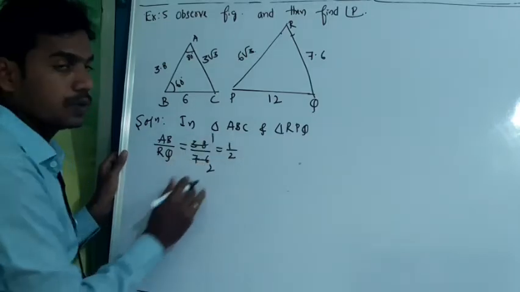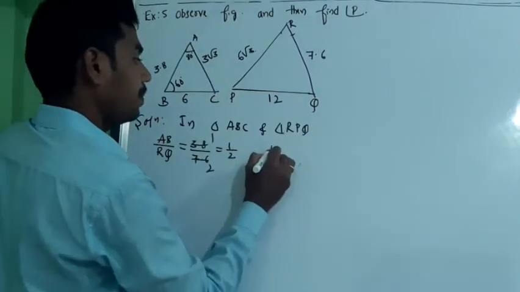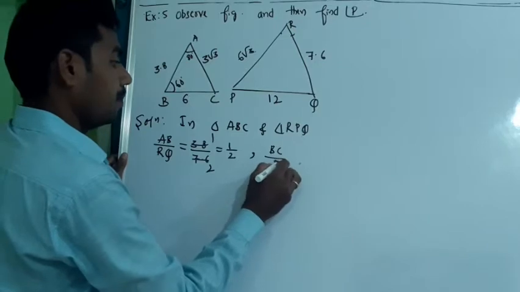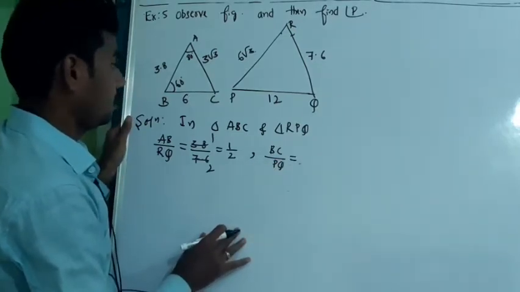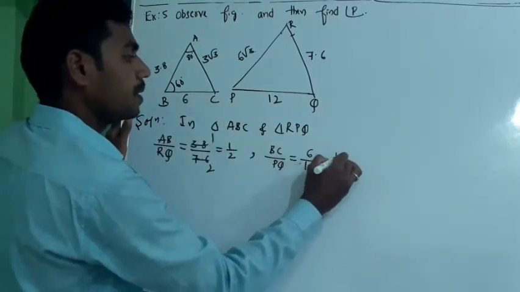Next, BC by PQ is 6 by 12, which is equal to 1 by 2.